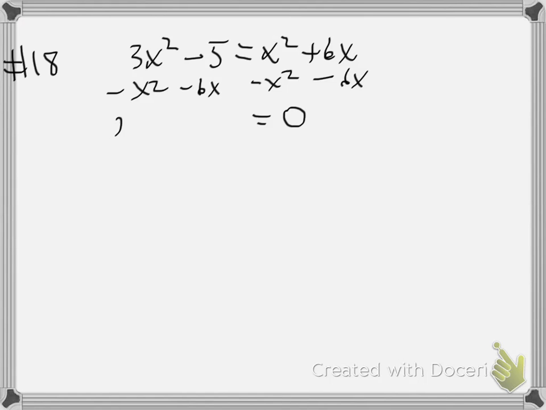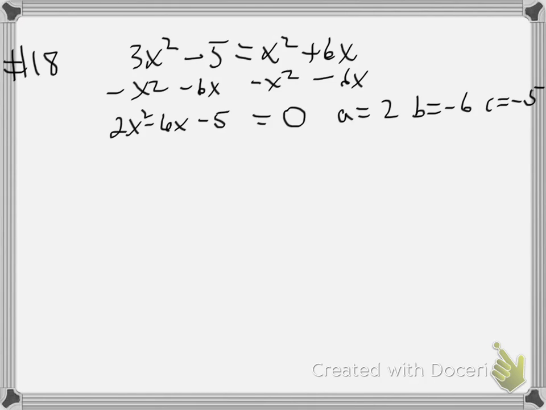On this side I'm going to end up with 2x squared minus 6x minus 5. So my A is 2, my B is negative 6, my C is negative 5.